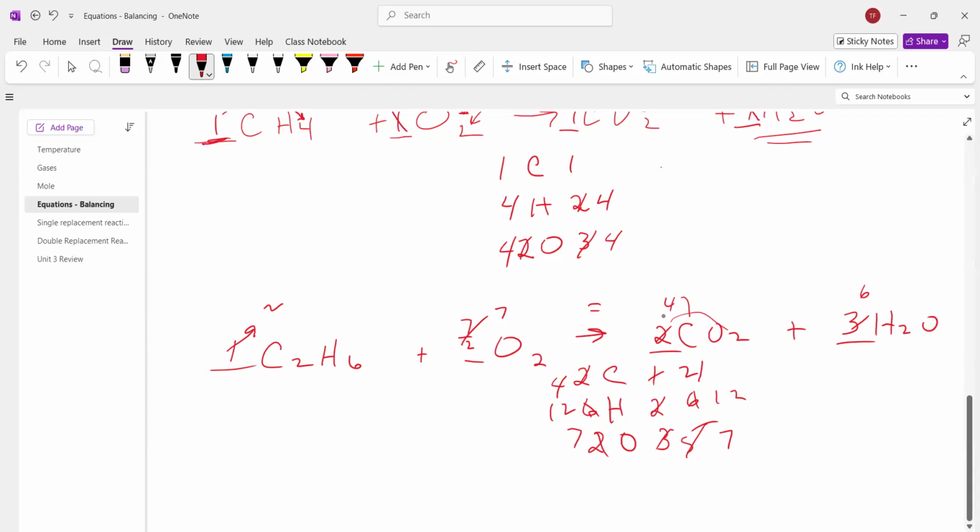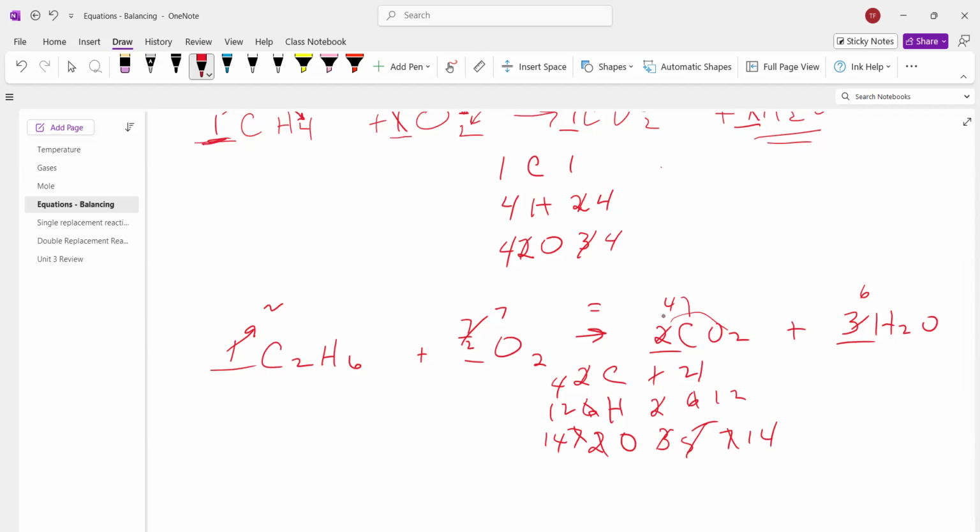Oxygens, we have 7 times 2 is 14. We have 8 here, 6 there, which is 14. So now it's balanced without using fractions. So fractions are fine to do the initial balancing. Just don't leave it as a fraction.